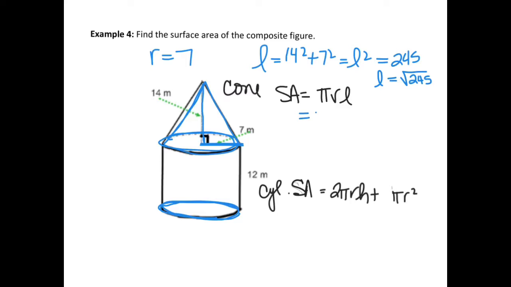So my surface area, well, remember, it's really just going to be the lateral area, but pi times my radius, which is 7, times my slant height, which is the square root of 245.